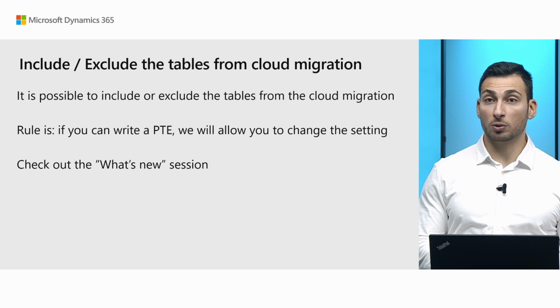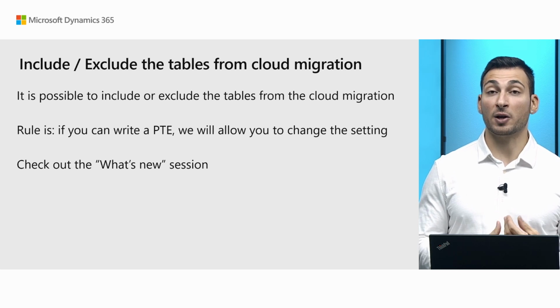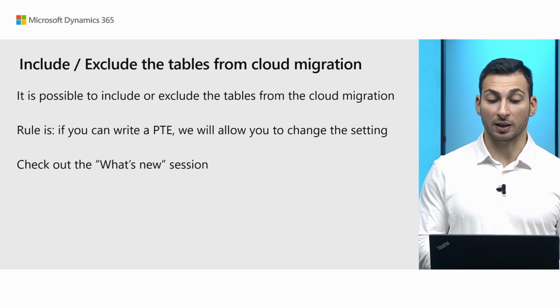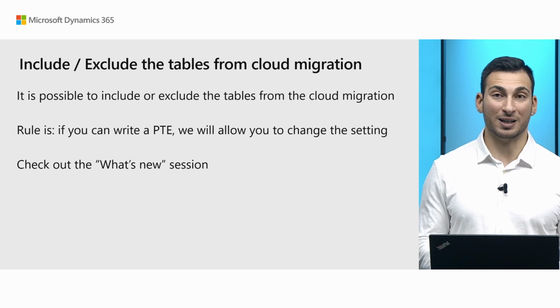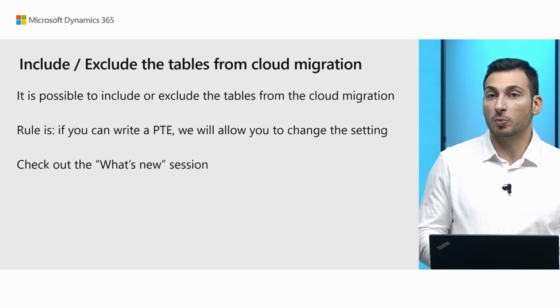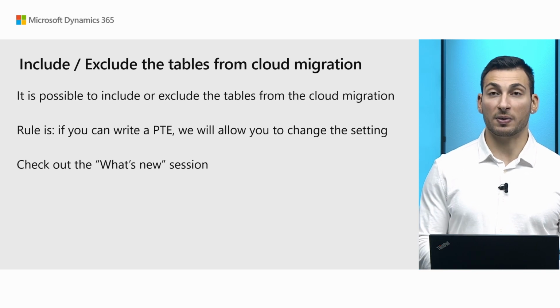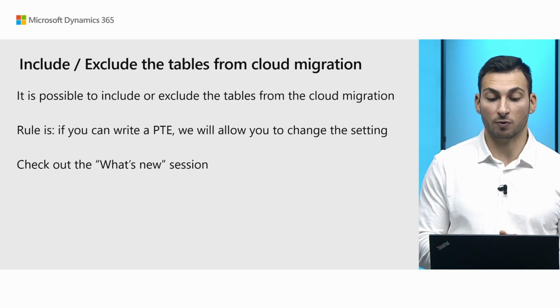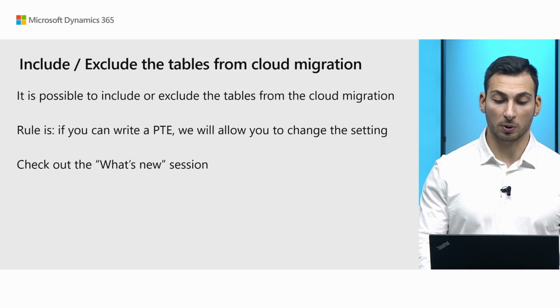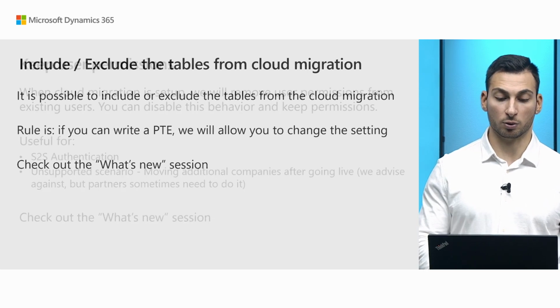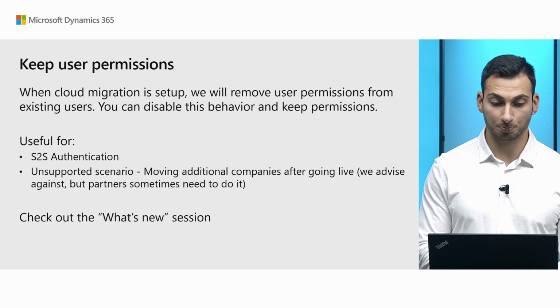So the base rule here is that you are allowed to change the setting for the tables that are not classified as sensitive, and in principle any table that you can write a PTE on, you will be able to change the setting for such a table. Again, we will have this session where we'll look into more specific details.